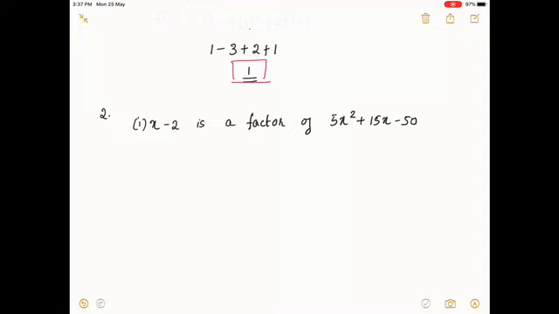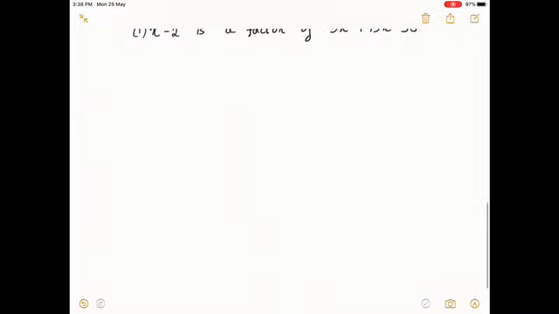You learned how to find the remainder. So what is the meaning of a factor? A factor means if you divide by the given expression, your remainder will be 0. So using this you need to check whether you are getting the remainder as 0.